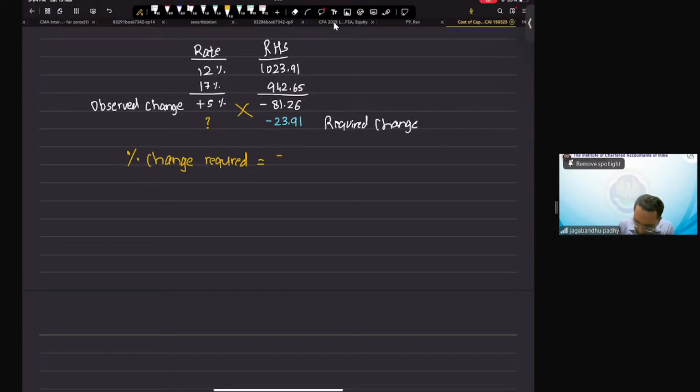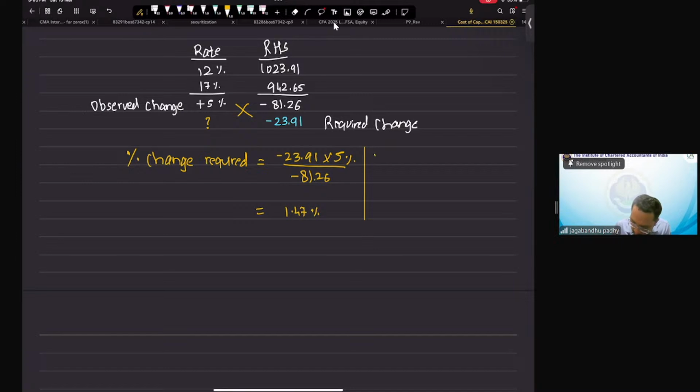Can I say it will be minus 23.91 into 5 divided by minus 81.26? So 23.91 into 5 divided by 81.26 is 1.47%.